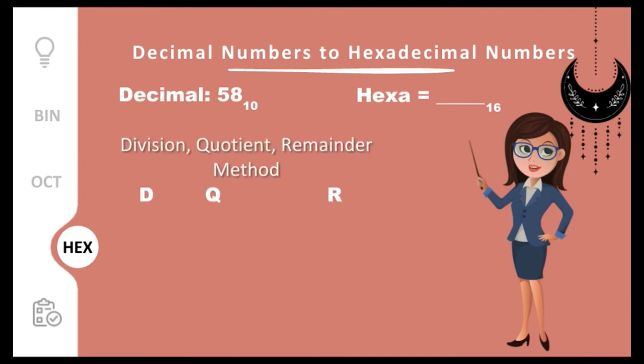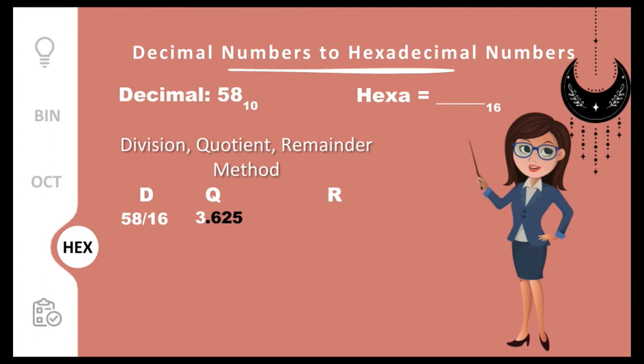Using the division quotient remainder method, we're going to convert decimal to hexadecimal. Let's divide the decimal 58 by 16. We use 16 because we are converting it to hexadecimal number, and the hexadecimal number is a base 16 number system. We're going to divide 58 by 16, and we get 3.625 as the quotient.